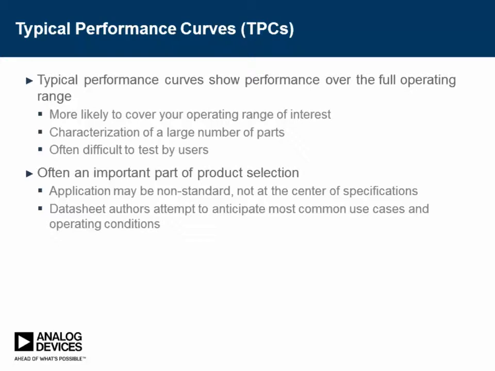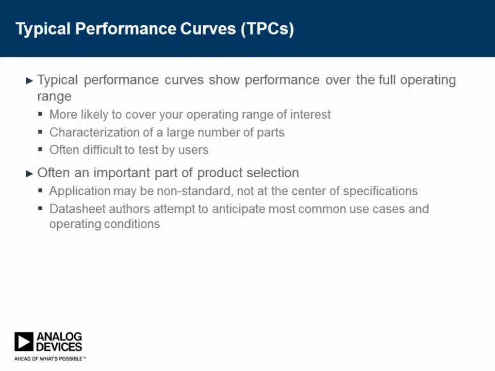Again, we develop this by characterizing a large number of parts. Some of these things are pretty difficult for you to test, but it does show how the product works. It's an important part of your product selection, because where we specify the part in terms of the conditions I spoke of might not be exactly where you want to use the product.